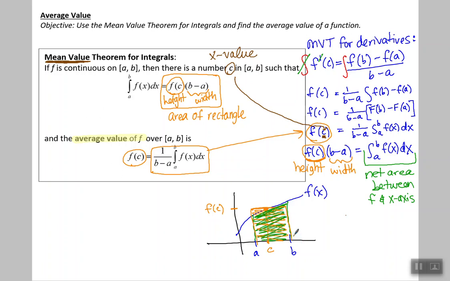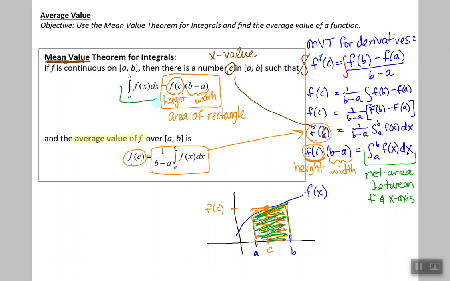So our mean value theorem for integrals is saying that we can find some point along the function at which the height times the width makes the area that is exactly the same as the area under the curve between the function and the x-axis.